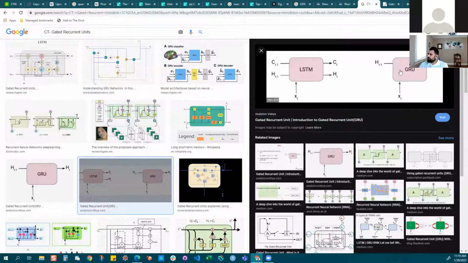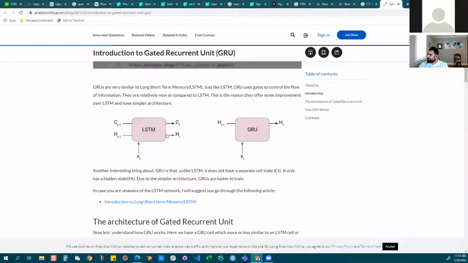It's very similar to LSTM, but it does not have the cell, and the cells are not connected to one another. The flow of information comes in and gets out without the cell, and because it does not have the cell, it can be trained faster. So it has that advantage to be used. And this is that example I was talking about, differences between LSTM and GRU.